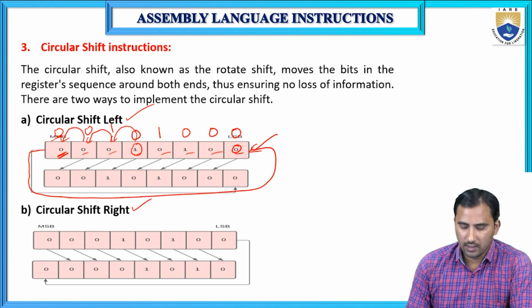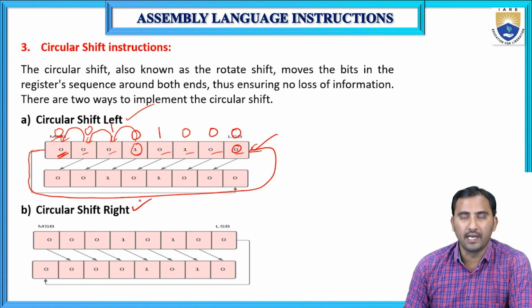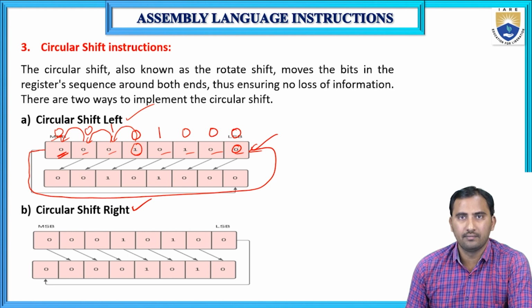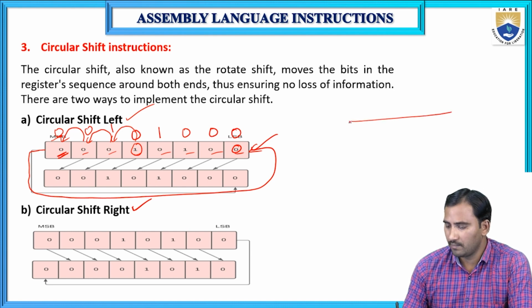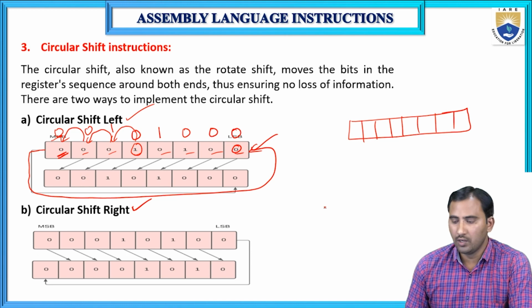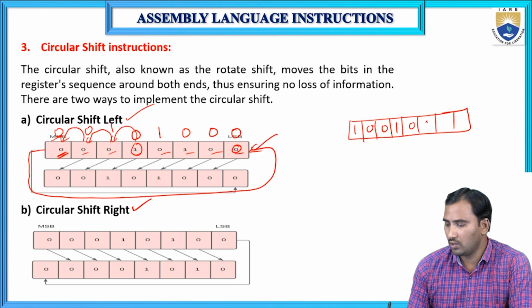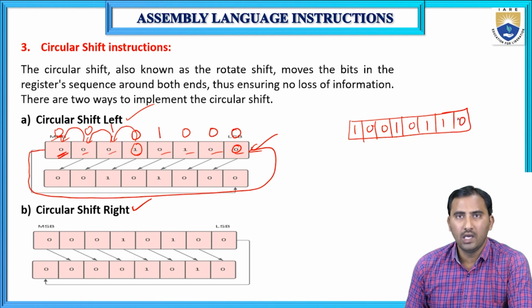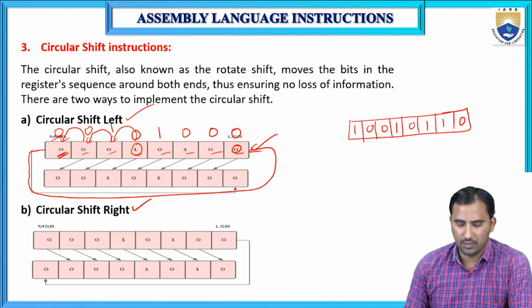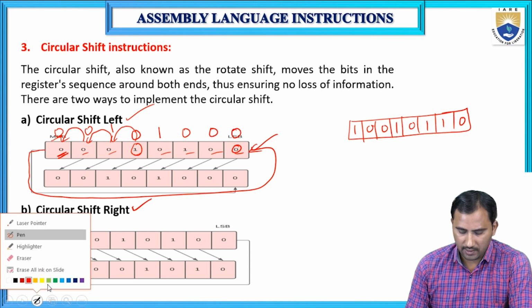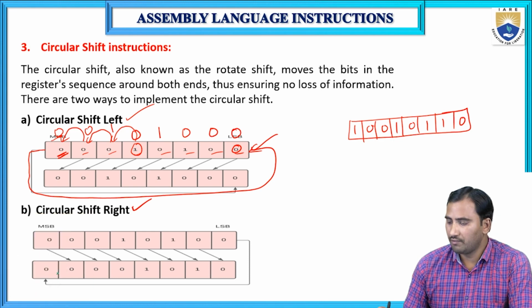Similarly, the circular shift right. Shift right means we are moving the data towards the right side. Suppose you have an 8-bit register, and it has some data: 1 0 0 1 0 1 1 0. If you perform a circular shift right operation, we are moving the data in this way.